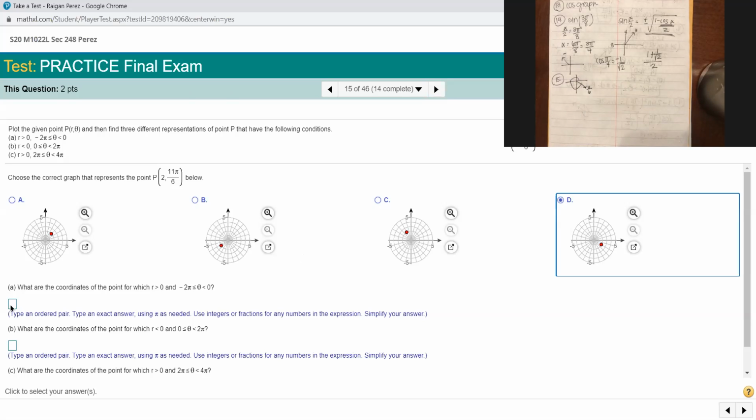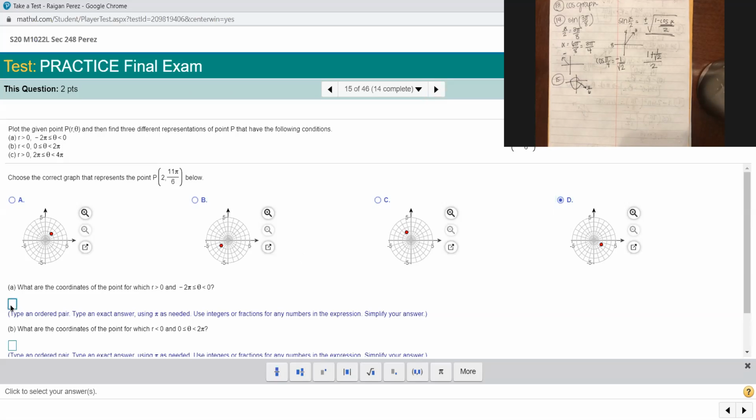Okay, what are the coordinates when R is positive and your angle is negative? So this is going to be 2, comma, 12. Right here would be 12, right? So if I went downwards, just counting this one, it would be negative 1 right there. So negative pi over 6.